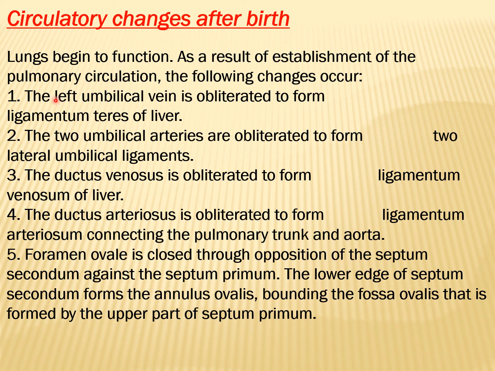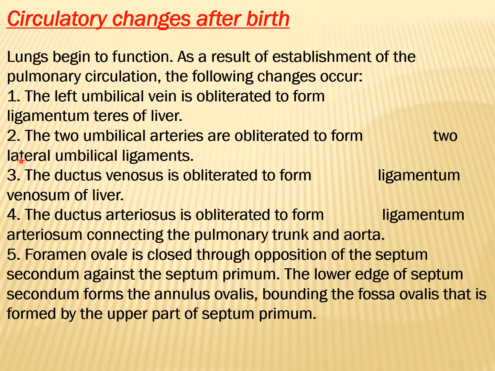This results in the left umbilical vein being obliterated to form what is called the ligamentum teres of the liver. The two umbilical arteries are obliterated to form later on the two lateral umbilical ligaments.